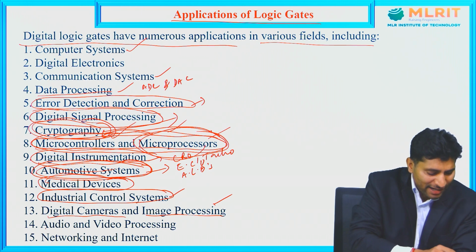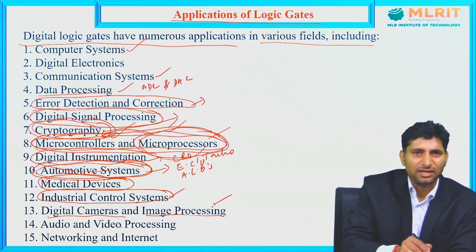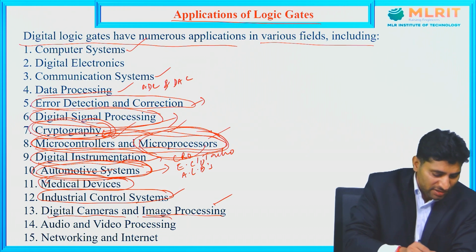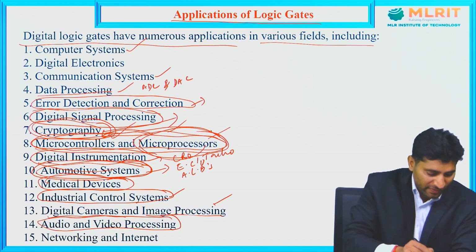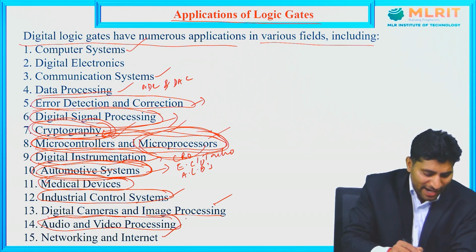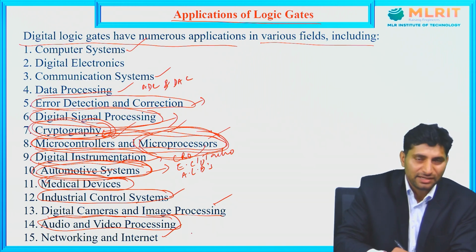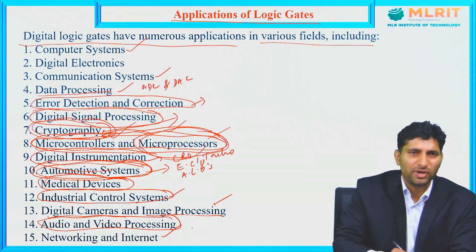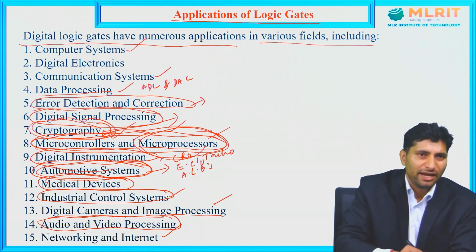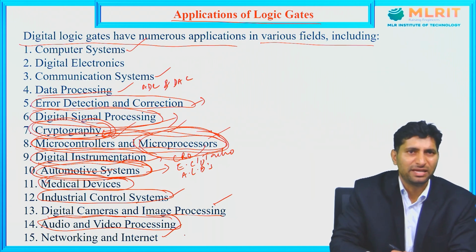Not only that, I can use logic gates in audio or video processing units like codecs. Not only that, in networking and the internet also I'll use these logic gates for designing modems, switches, hubs. Everywhere I can use logic gates as applications.